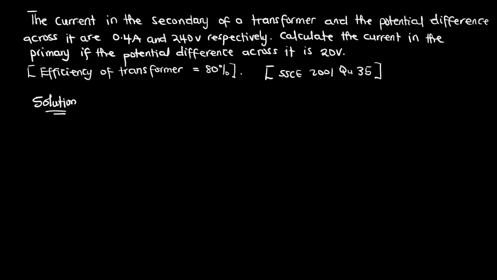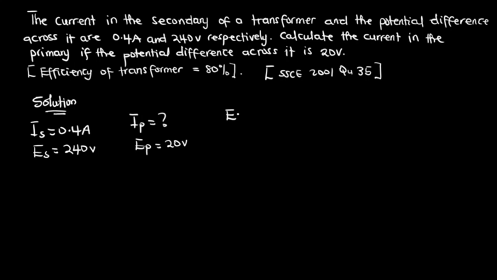So let's first of all write down our parameters. They say the current in the secondary of a transformer and the potential difference across it are this and this. So it means the current in the secondary, IS, is 0.4 amperes, and the voltage in the secondary, ES, is also equal to 240 volts. Are we okay? We have to calculate the current in the primary, so IP is unknown, if the potential difference, which is EP, is equal to 20 volts.